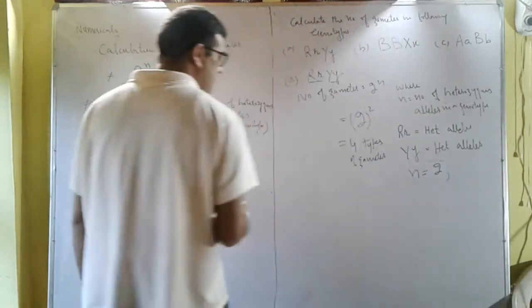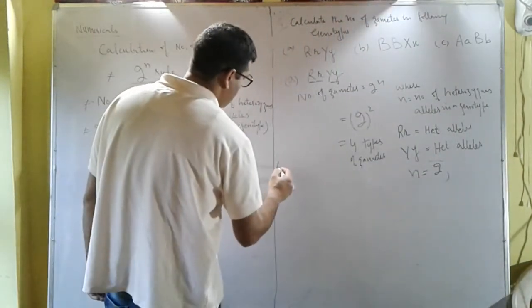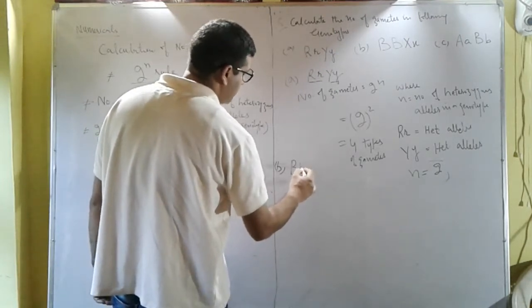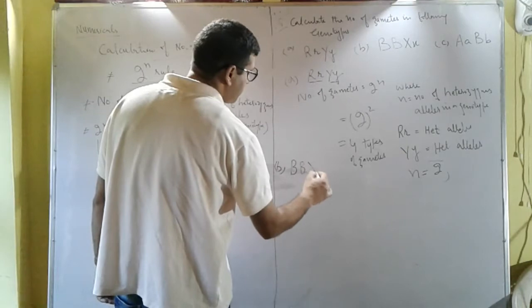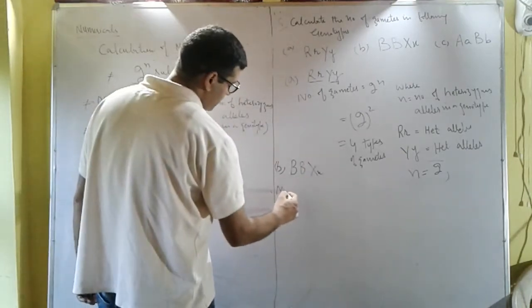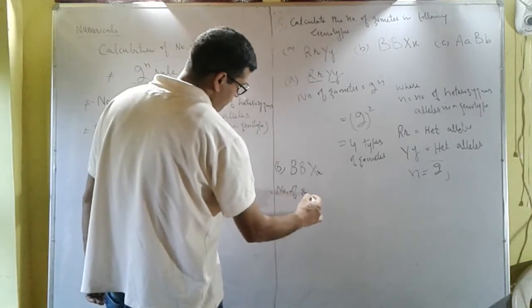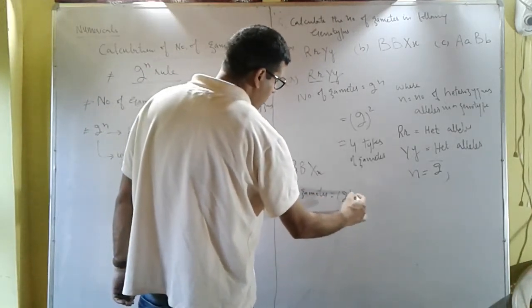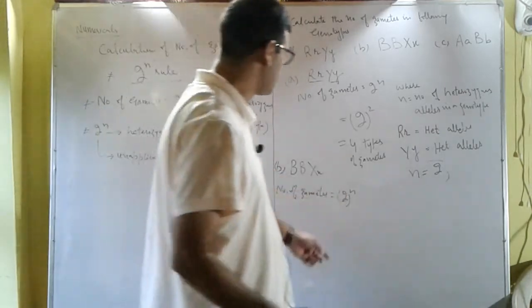Then we have the second one, capital B, capital B, capital X, small x. Number of gametes is 2 raised to the power n, where n is the number of heterozygous alleles.